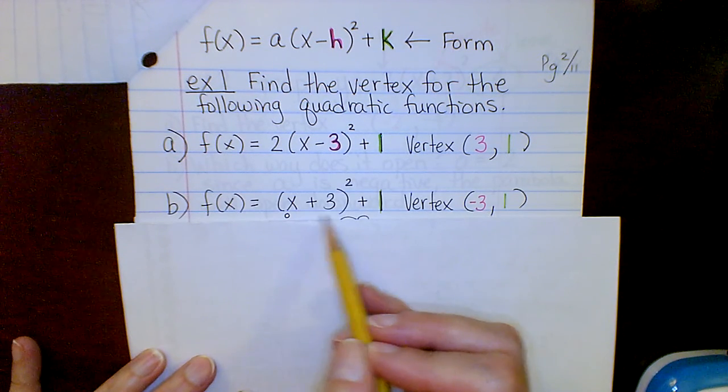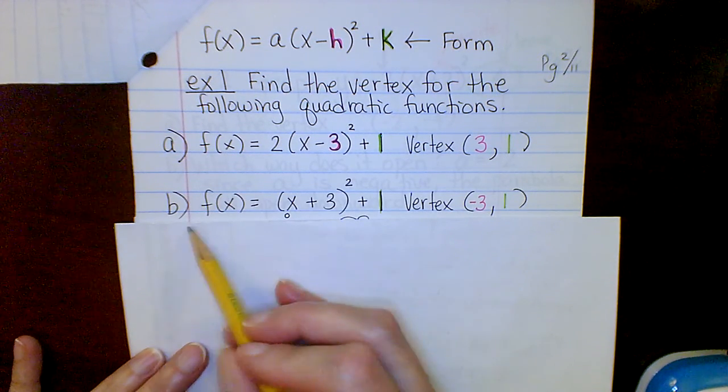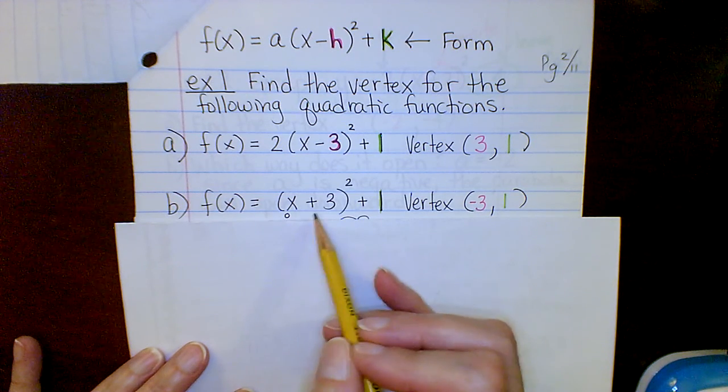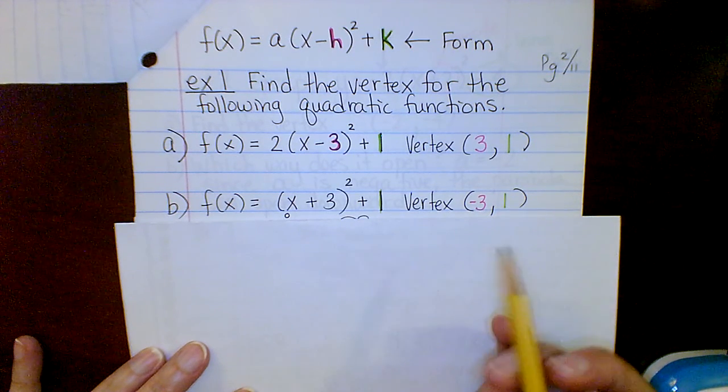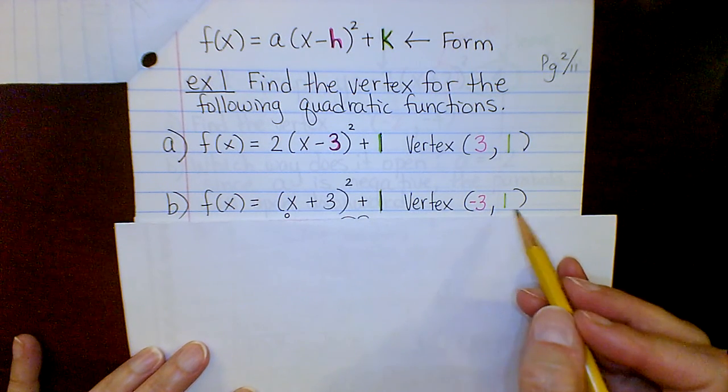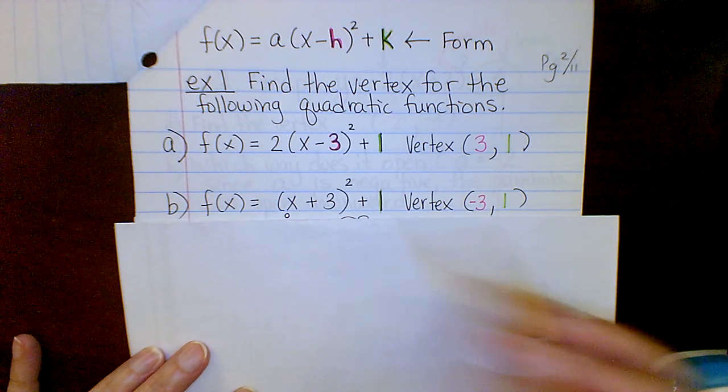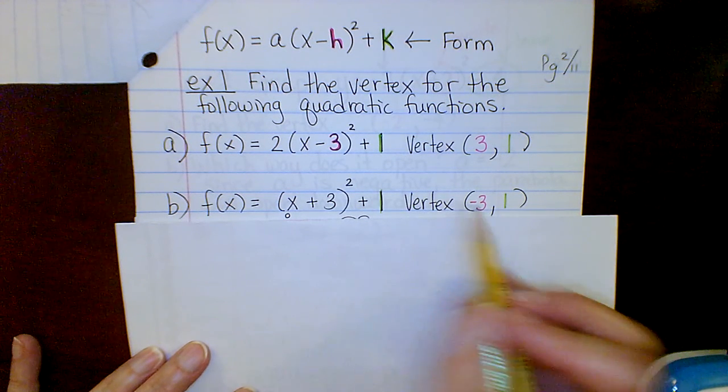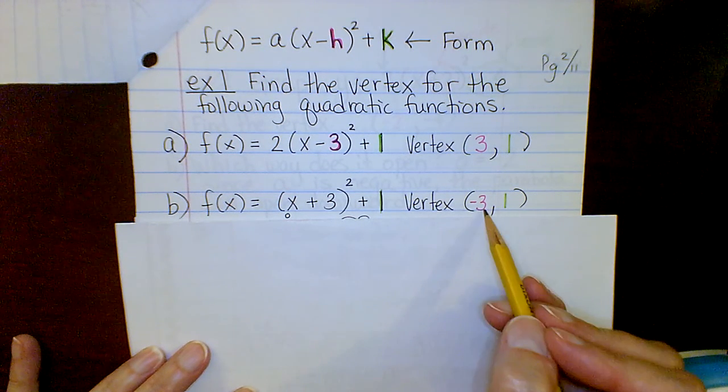Because if I change this sign and give you a slightly different function of, say, x plus 3 quantity squared plus 1, the vertex is now (-3, 1). The plus 1 is the same, that's not a big deal. But why is this suddenly now a negative 3?